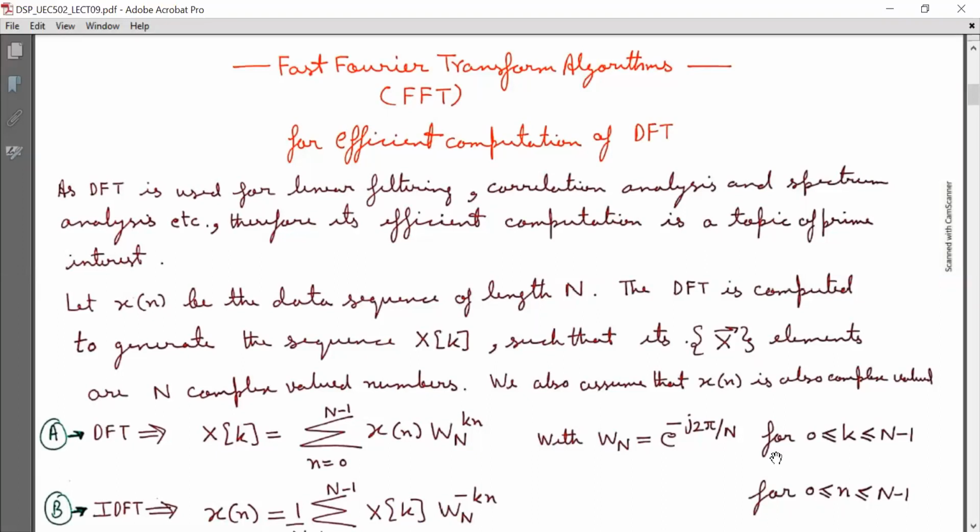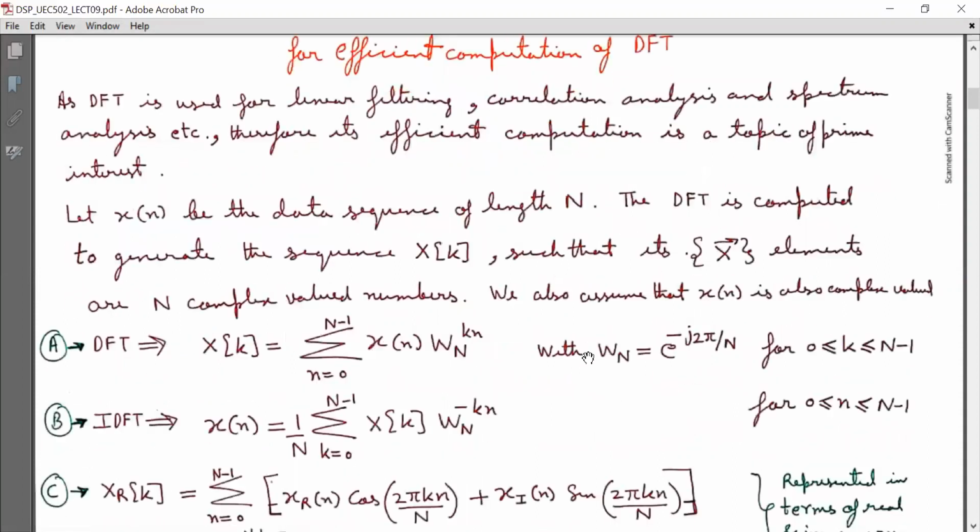Let x(n) be the data sequence of length capital N. The DFT is computed to generate the sequence X(k) such that each element, or N elements, are complex valued. We also assume that the sequence in time domain x(n) is also complex valued.